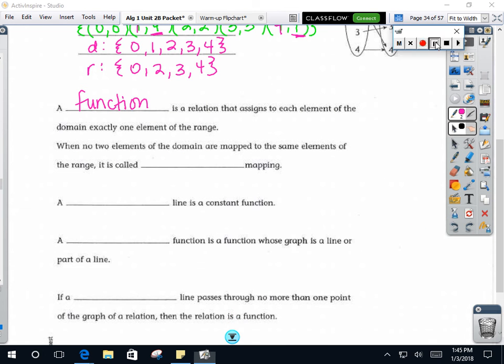Shh. And no two elements of the domain are mapped to the same elements of the range. It's called one-to-one mapping. A horizontal line is a constant function.